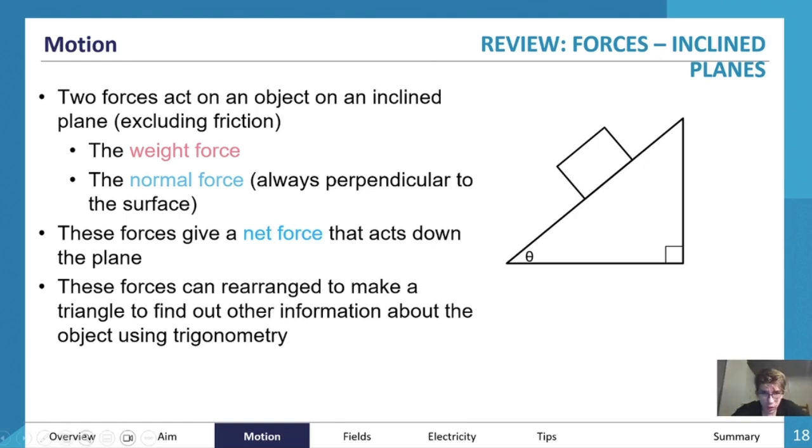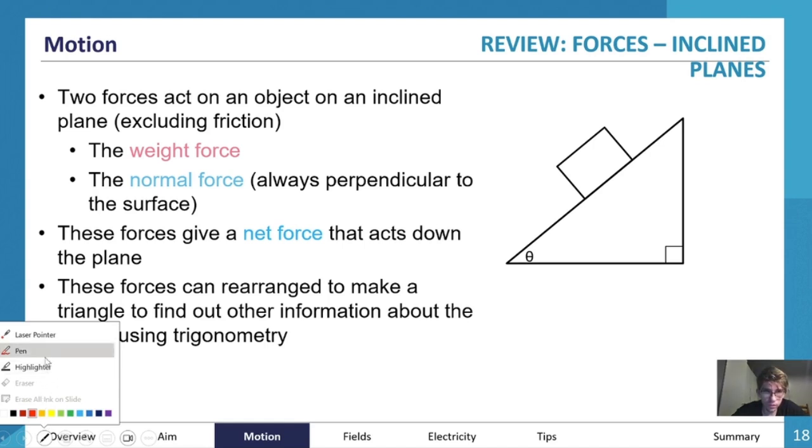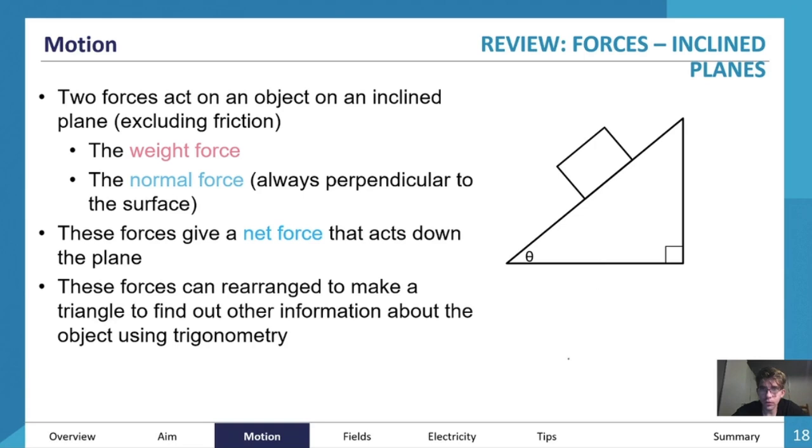Now, usually you will be asked to draw what's happening. So usually the normal force is this one.